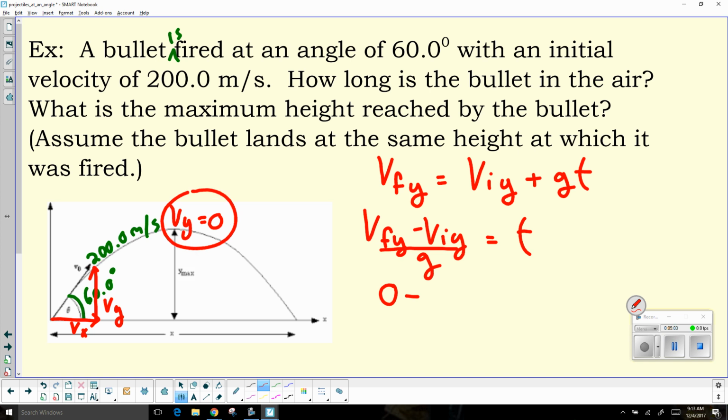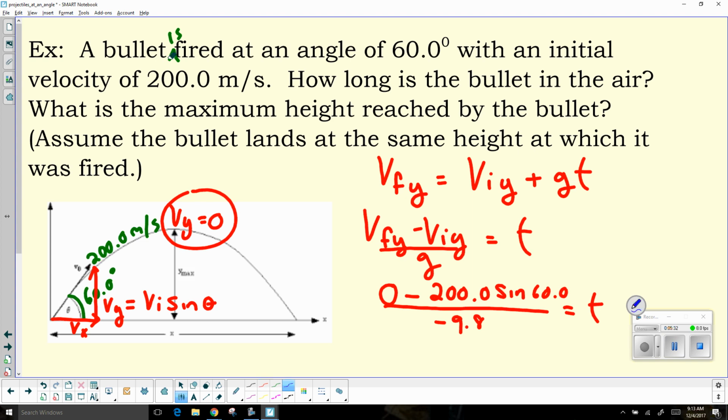The initial velocity in the y direction is going to be 200.0 times the sine of 60.0 degrees. And again, that's because viy is going to be vi times the sine of your angle. And then this is all going to be divided by negative 9.8. That's going to be the time.